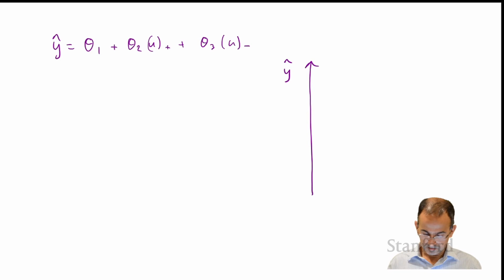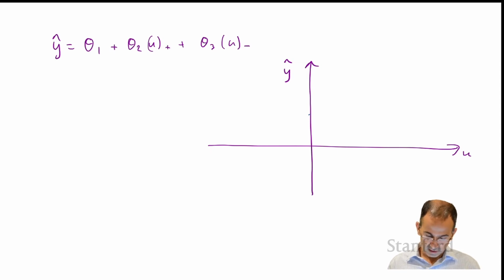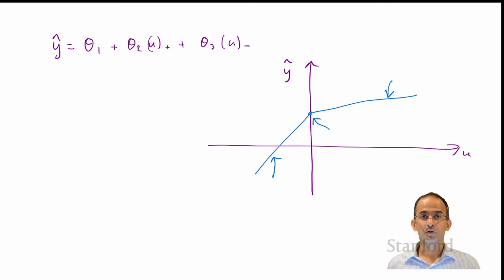What that means is that my function y hat is a function of u. I can plot it, and it will look something like this. It has a particular slope here, a particular slope here, and a particular intercept there. And those three quantities are determined by theta 1, theta 2, and theta 3.